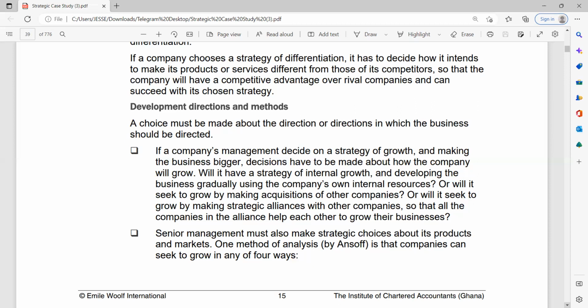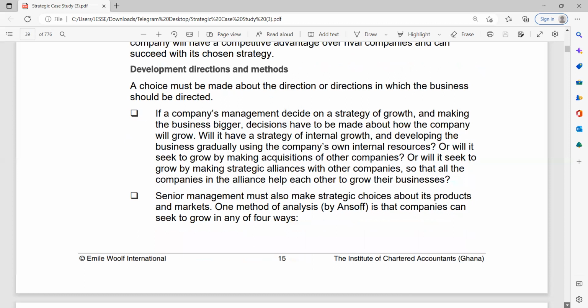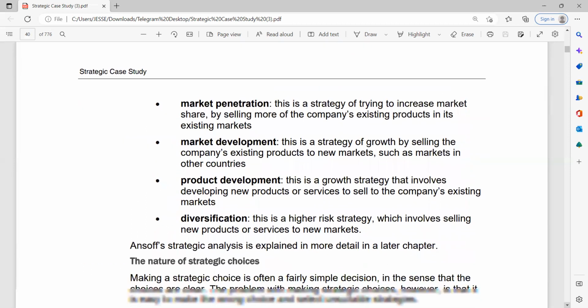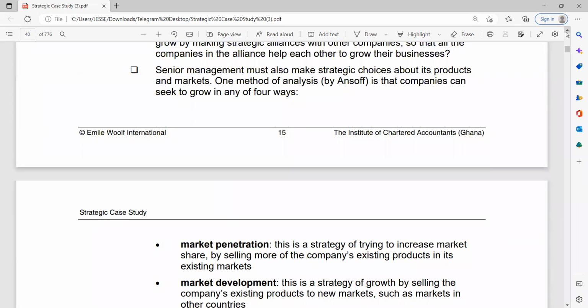So when you talk about development direction, we're looking at what direction the company is trying to go. Very, very important. Now, there are important things that I need to address here, right?